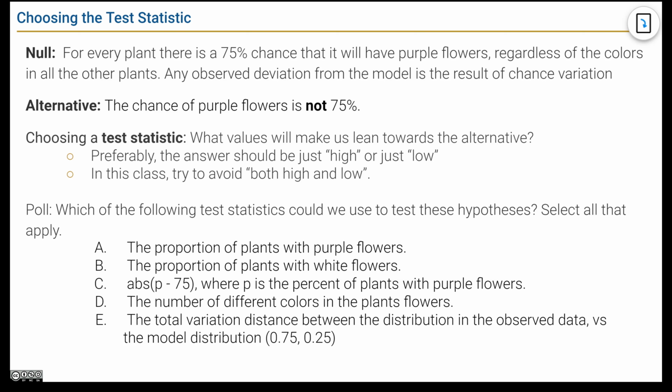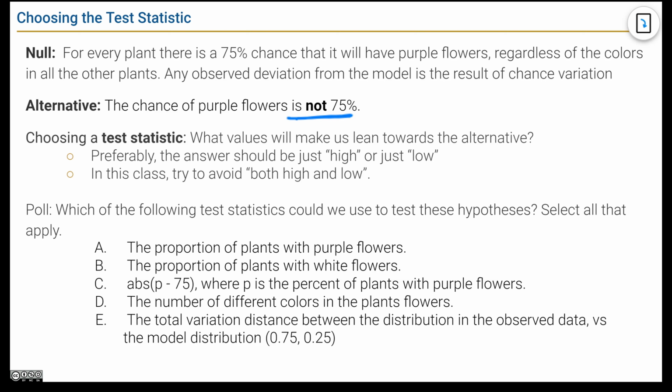All right, so the issue with the first two is if I'm just looking at the proportion of plants with purple flowers, because I'm interested in seeing any difference, I'd have to look for both low and high values to see a difference. And so I don't want to use that because I'm going to have to look on both sides of my distribution if I use that. Same thing with white flowers.